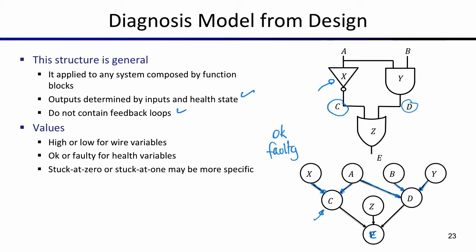Remember, they are DAGs. And for the Ys, we have high and low values. That's fine, as expected. For the gates, we have okay or faulty as one way of modeling, or the other way would be to have okay and faulty be a little bit more specific, so we can have stuck at 0 and stuck at 1, so we have three different values.